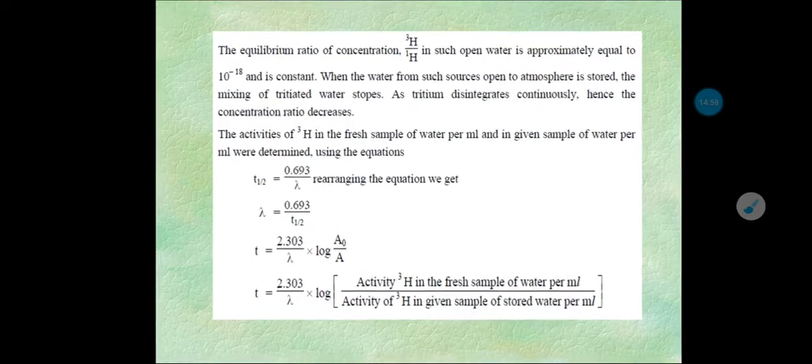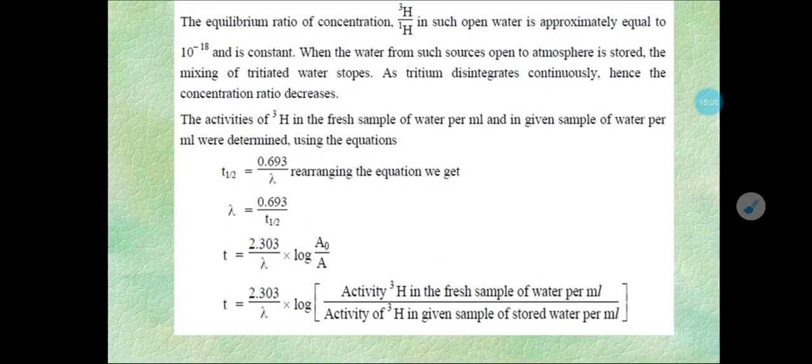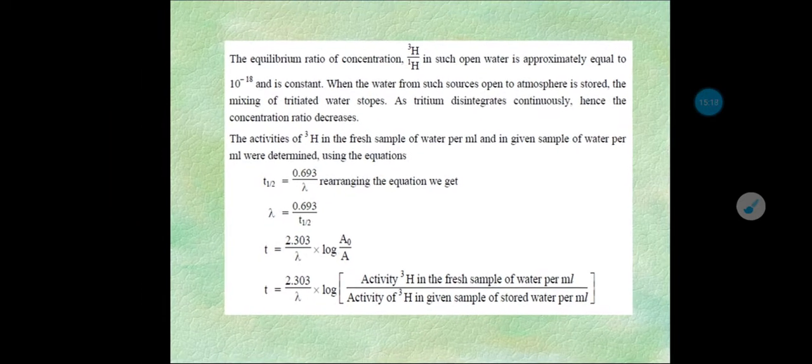If we substitute the values, we can determine the time, that is the time to store the water, or the time from which the water is stored in this storage tank. So in this way we can determine the age of a stored sample, or age of a sample, by using a radioisotopic proton.